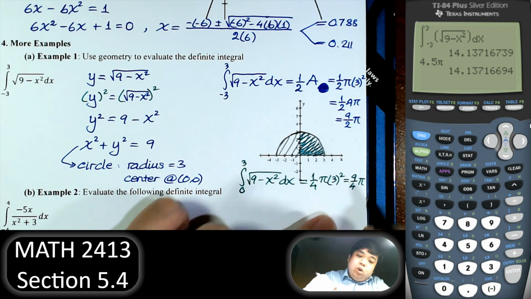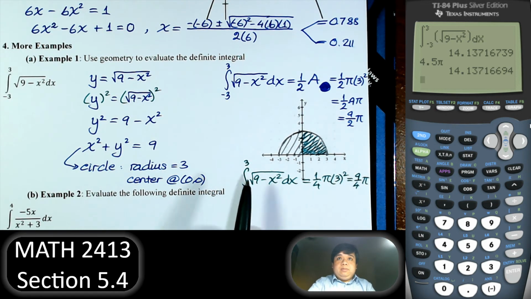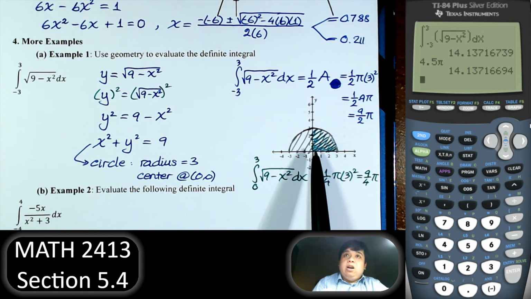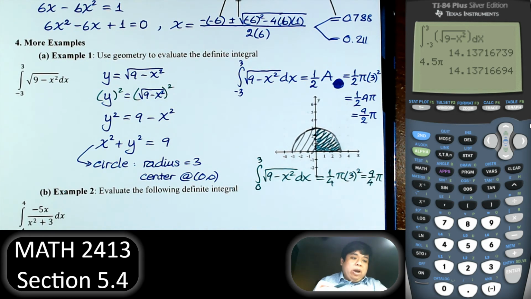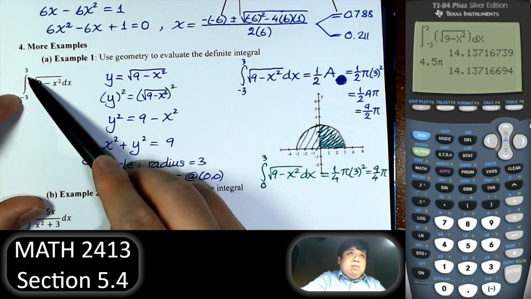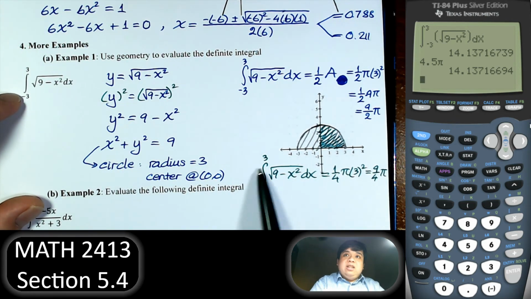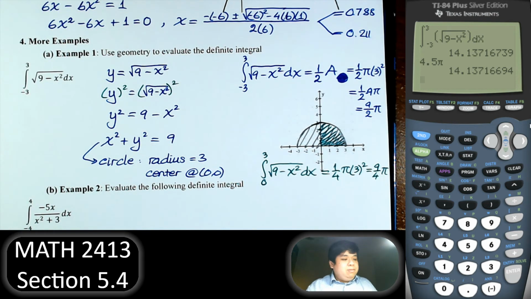So if we go from 0 to that number, that is going to be a fourth of a circle. By the way, we have the symmetric limits. The function is even, so it's going to be twice of this, right? If it's odd, it would be nice, but it's even.